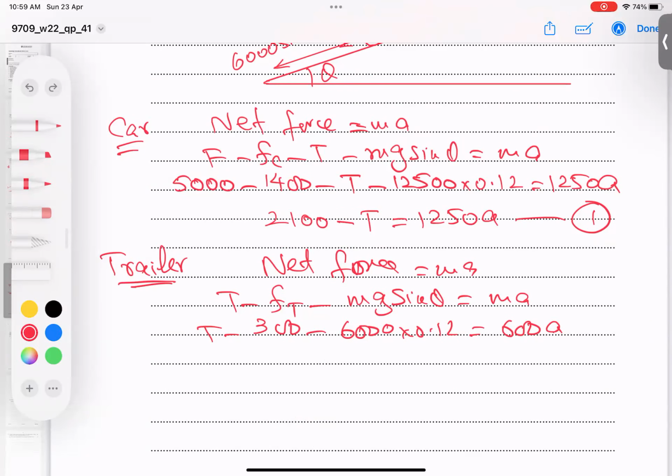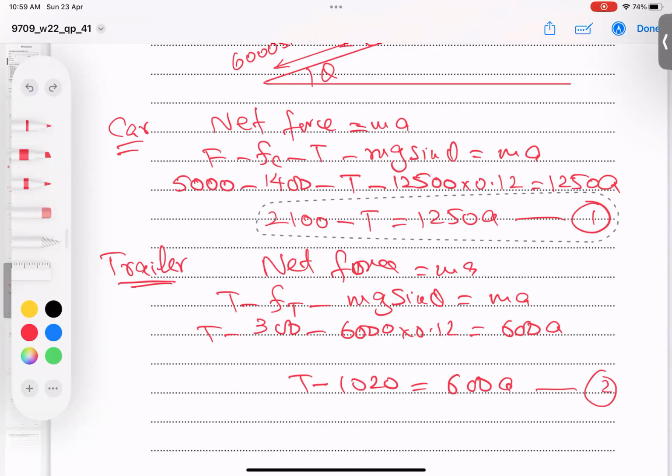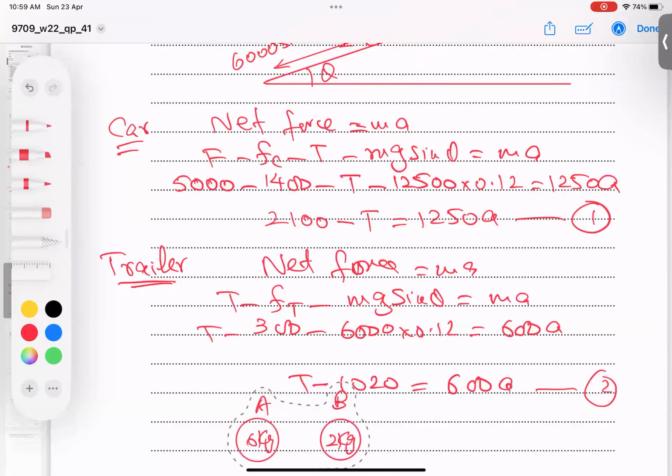And my answer is coming: tension minus 1020 equals 600a. Equation 2 done. And if I bring this force down, what happens, students? It means I'm just showing you this whole equation. I will bring it down. Okay. So you can see, oh, wait a minute.